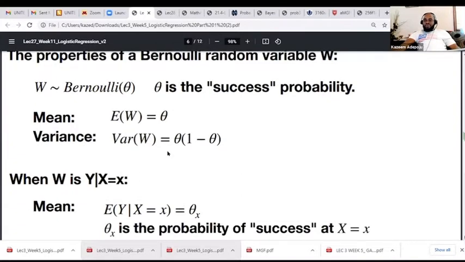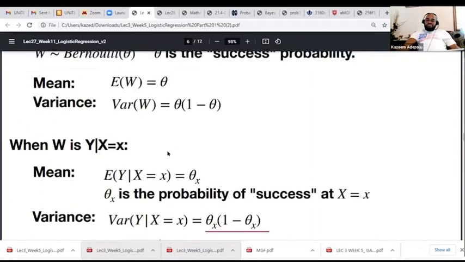Now, how can we use this knowledge on a random variable y that depends on a predictor x, in such a way that the random variable is categorical? What is the mean of y given x when our response is categorical?